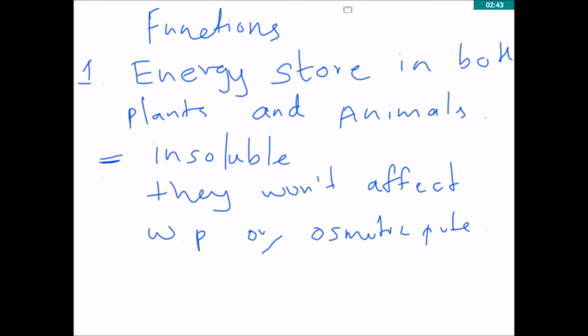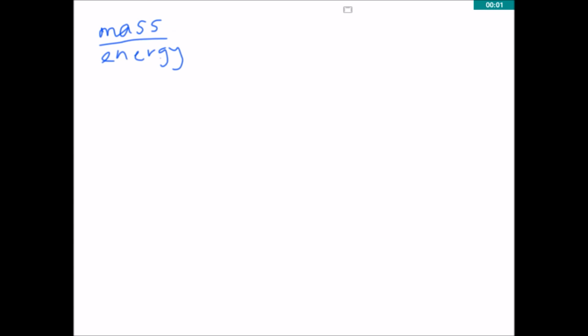That is one property which leads to the storage function, and the other property is they have a higher ratio of carbon-hydrogen bonds, so they have a higher amount of energy packed in these carbon-hydrogen bonds. They have a low mass to energy ratio.